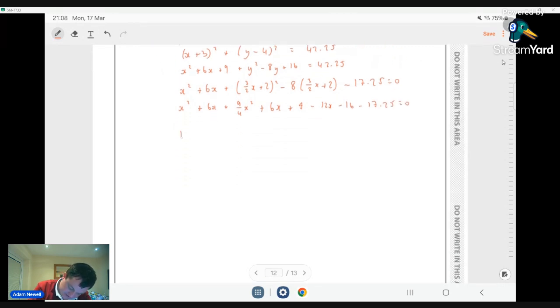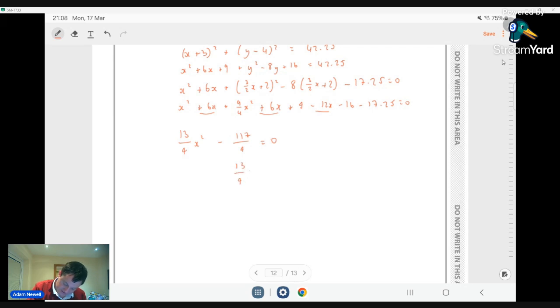Collecting my like terms, I get 13 over 4x squared. We get 6x and minus 12x, which eliminates. And we've got, is that 4? Yeah, we get 4. Take away 16, take away 17.25, gives me minus 117 over 4 equals 0.